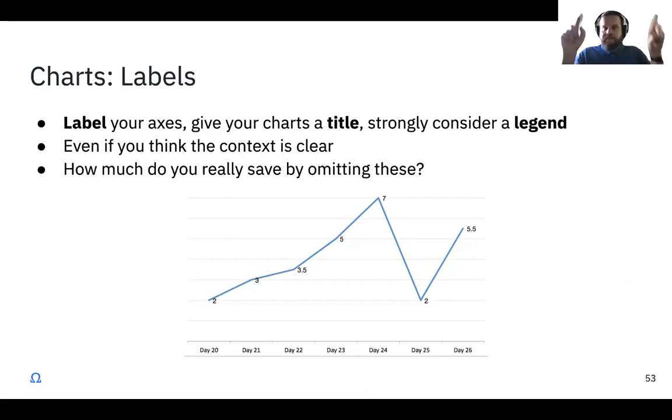If that's one image, then for space reasons you might want to omit some of the labels. But in general, you're not really saving anything by omitting proper labels, titles, and legends. So use them. I can recommend that to you.